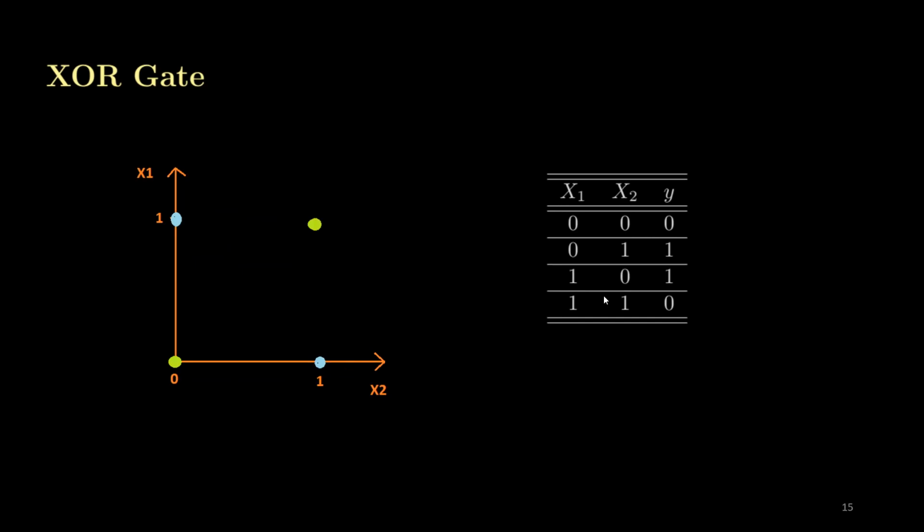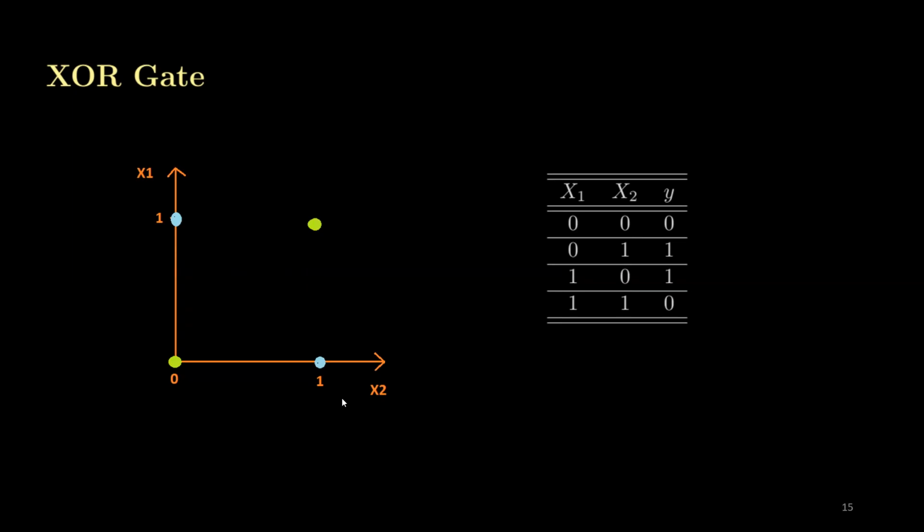Now, these four data samples are equally divided between two classes, that is 0 and 1. So those data samples which belong to class 0 are represented here by green color. And those which are represented with the light blue color belong to class 1.